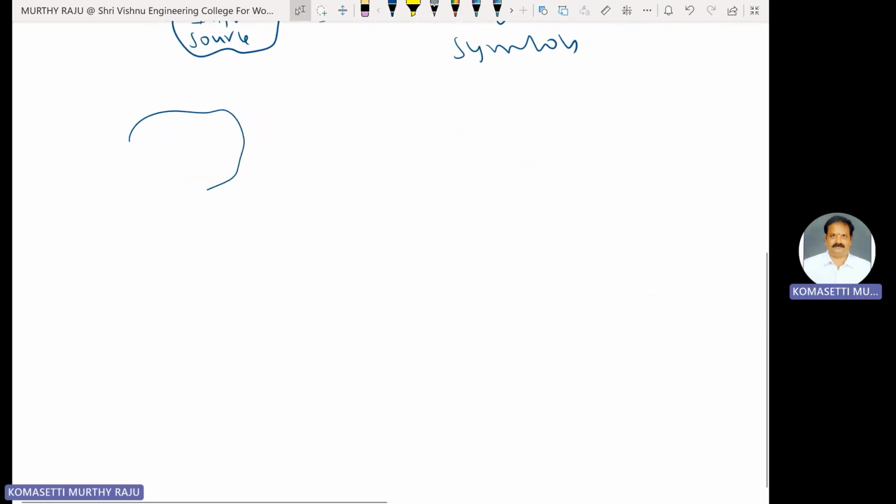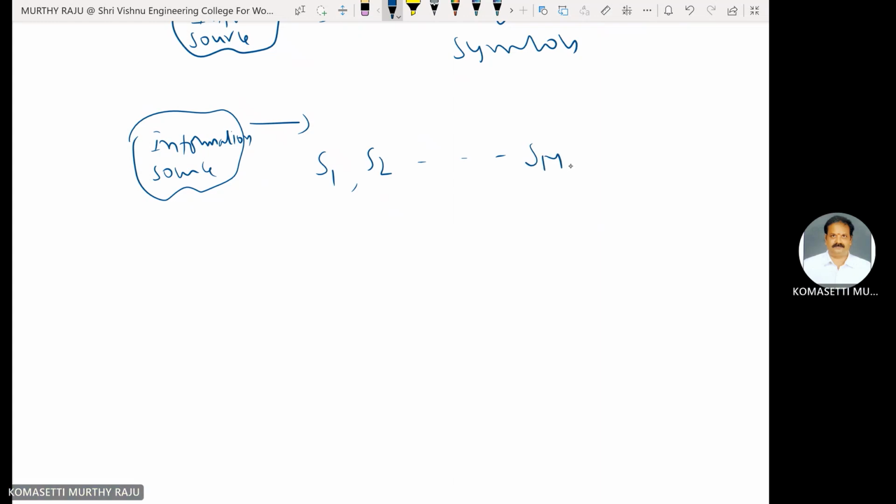Again, this is an information source. This information source emits M possible symbols, which are S1, S2, and so on, up to SM. These symbols are statistically independent of each other.